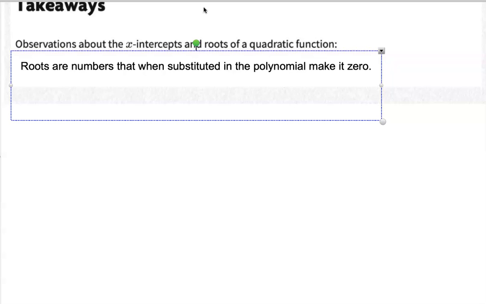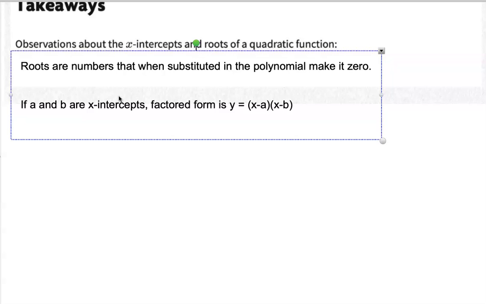Okay. Some other observations here. So if A and B are x-intercepts, the factored form is y equals x minus A times x minus B. Okay.